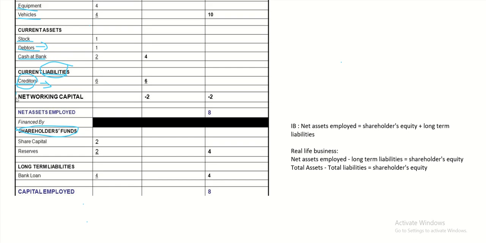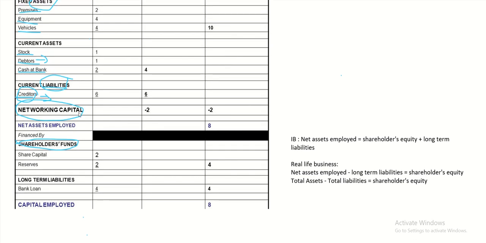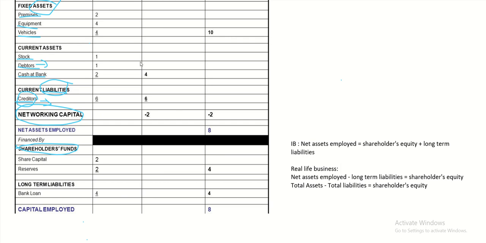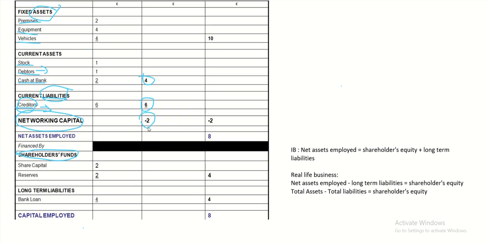And now moving on to this category, which is net working capital. Net working capital is calculated by the current assets minus the current liabilities. It's 4 minus 6 in this case, which gives us -2. Net working capital is basically the amount of cash that you have after paying all your liabilities in the short term.